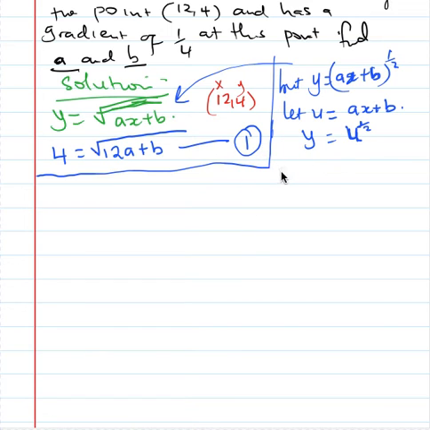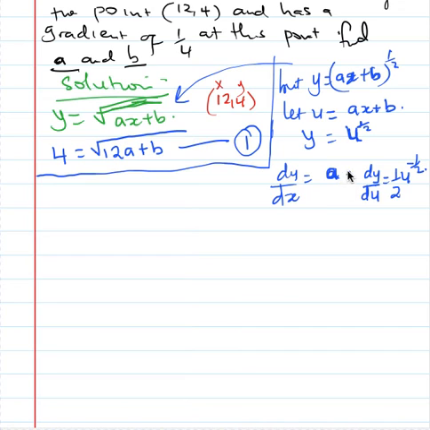So du/dx will be a. Since a is a number and b is a number, if you differentiate this you get a. I hope you're following. And then dy/du will be half u to the power of negative half.